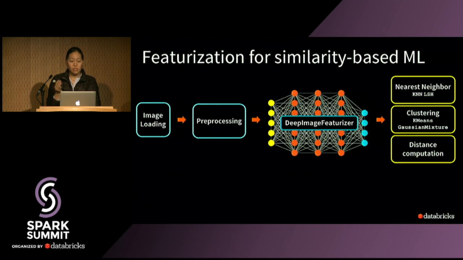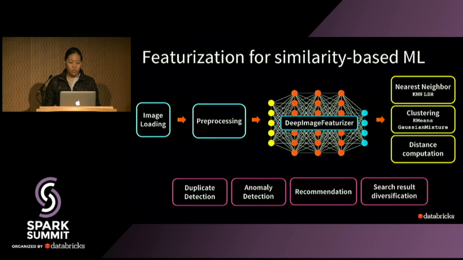And those could be similarity-based algorithms, anywhere from nearest neighbor. We actually did LSH this morning, right? And MLlib also has a non-approximate k-nearest neighbor algorithm as well. You could apply clustering to see whether you can get some meaningful groupings of the images. And use any sort of distance computation for things like anomaly detection or duplicate detection, recommendation we saw, or even search result diversification, which is a customer use case we've seen.